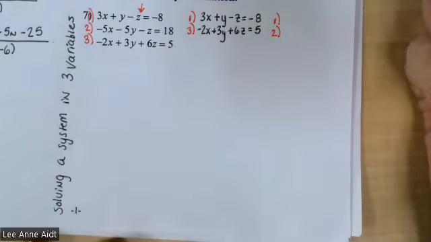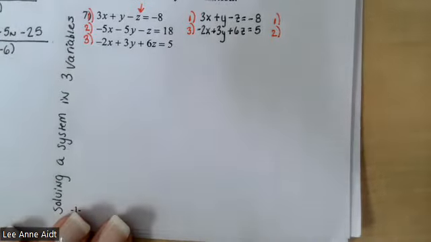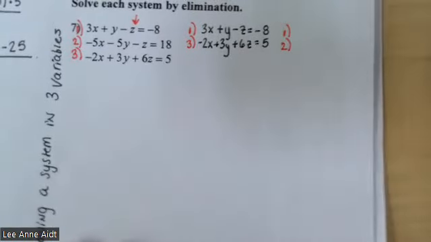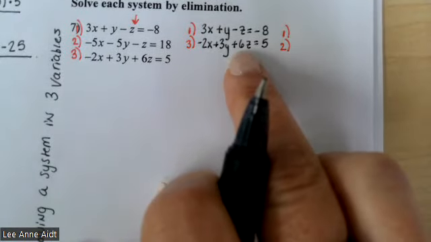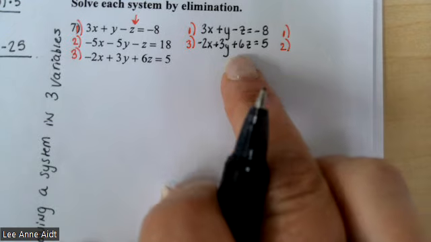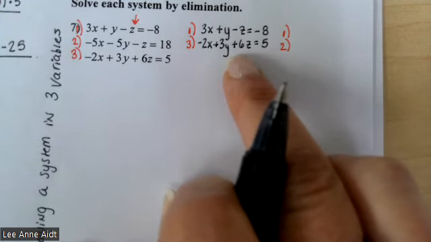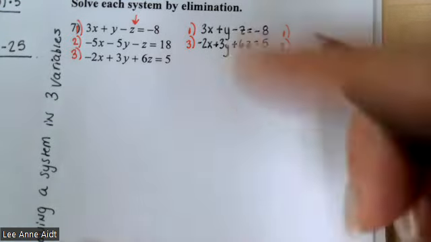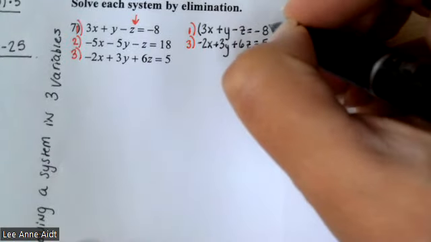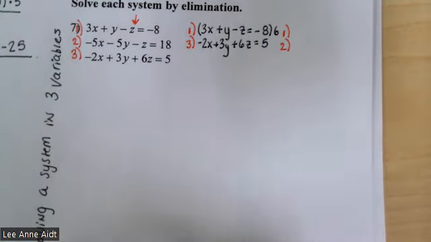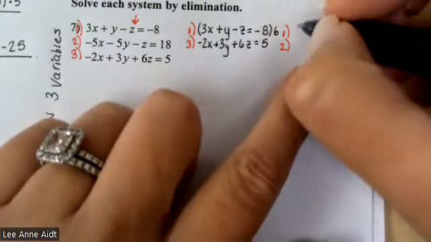What is the rationale for doing first and third? What can I do for the Z's? I have a 6Z here and a negative Z here. Multiply the top one by 6. Okay.